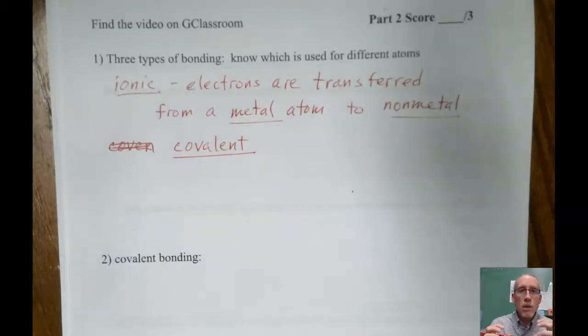So this is when the electrons in the outer energy level from one atom overlap with the outer energy level from another atom. So instead of the electrons actually moving, these atoms are just close enough that they can be shared by 2 different atoms. The electrons are shared by 2 different atoms at the same time.